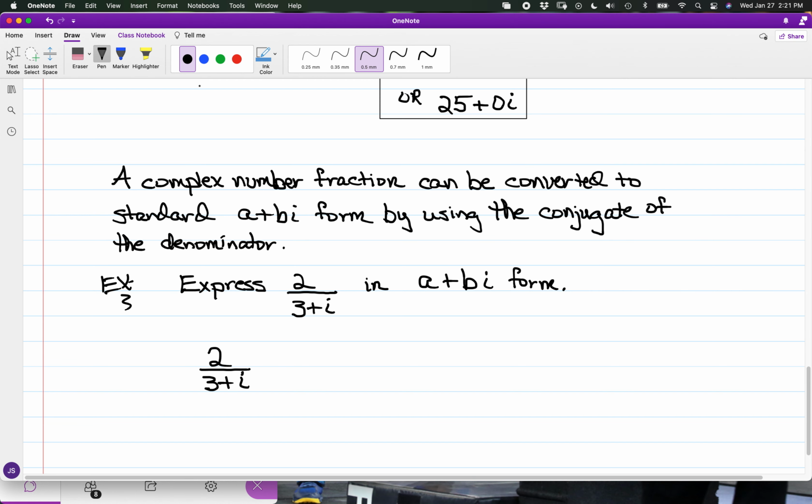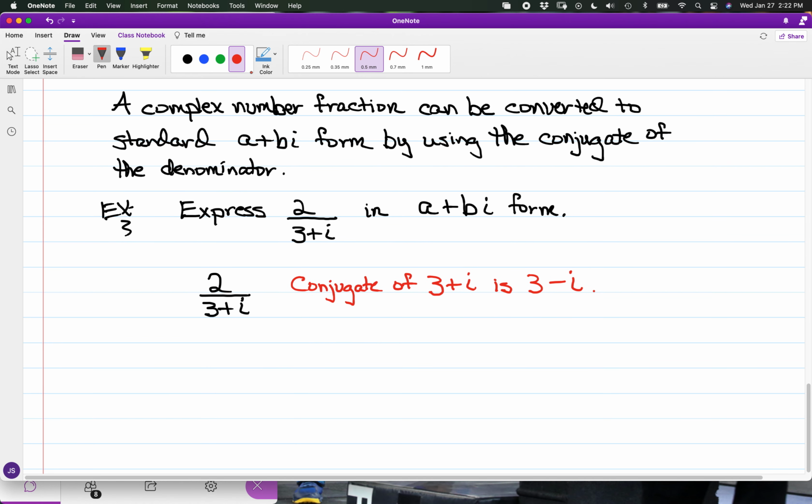In terms of converting, we can convert a complex number fraction, which this is, by using the conjugate of the denominator. Now here for 2 over 3 plus i, the denominator is 3 plus i. So the conjugate of 3 plus i is going to be 3 minus i.